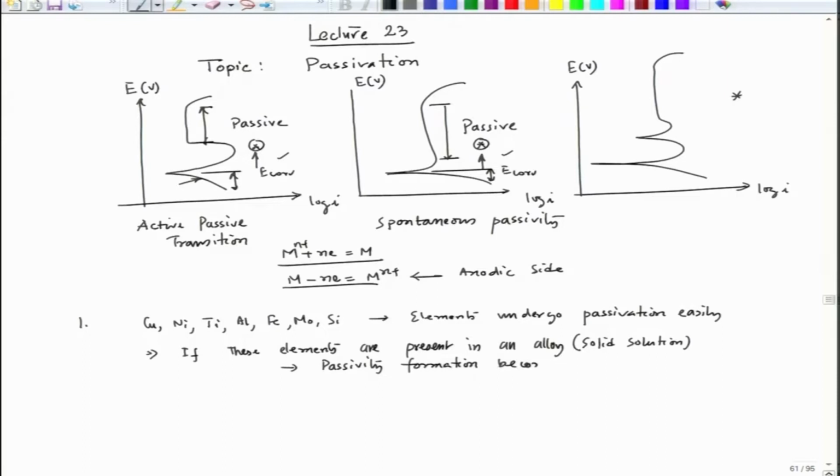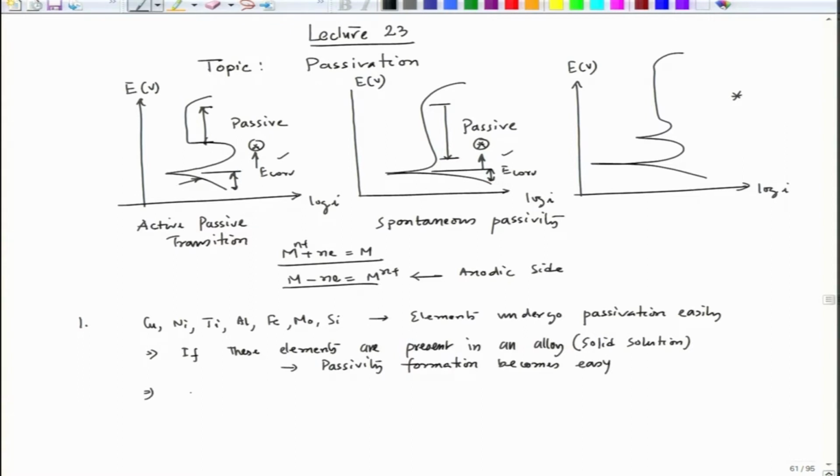It becomes easy. So when we have these alloys, we can have loss of chemical reactivity by drastic reduction.